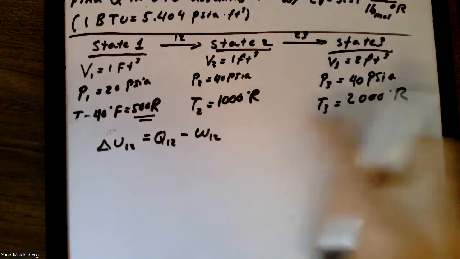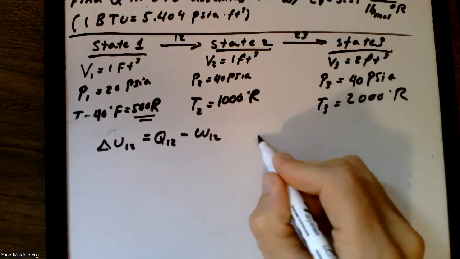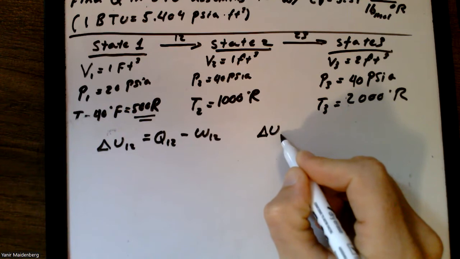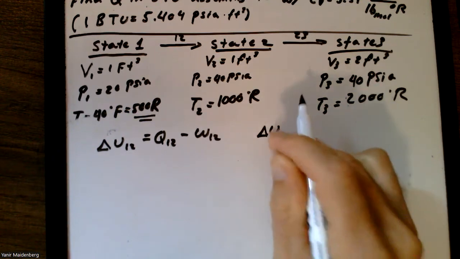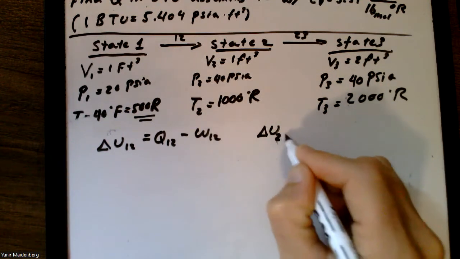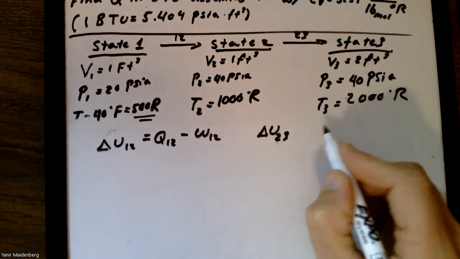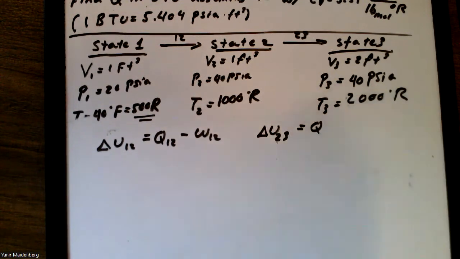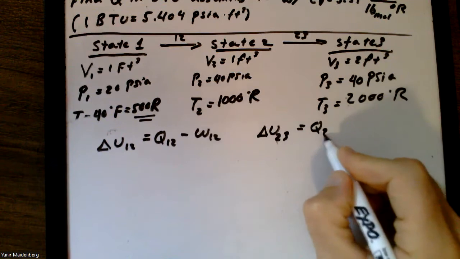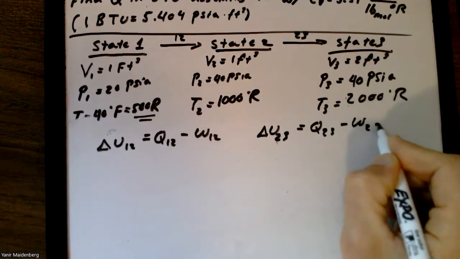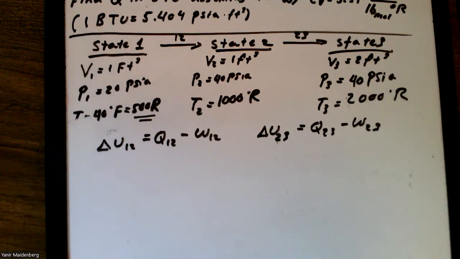And to go from state 2 to state 3, I can apply the first law of closed systems for this transition: delta U 2,3 is Q23 minus work 2,3. Okay, we are not discussing any other types of work. So we'll just assume the only thing that happens here is expansion work, expansion contraction.